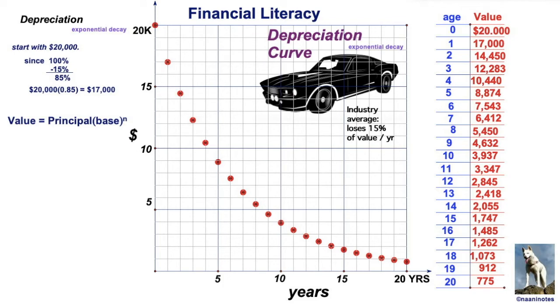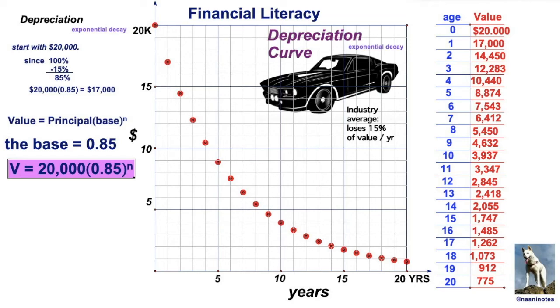Remember, 85% of the value stays year to year to year. Remember, this is a math class after all. So what is one way of looking at it? Well, the base is 0.85. In exponential notation, the base is that value which you multiply over and over and over. You keep multiplying times 0.85.